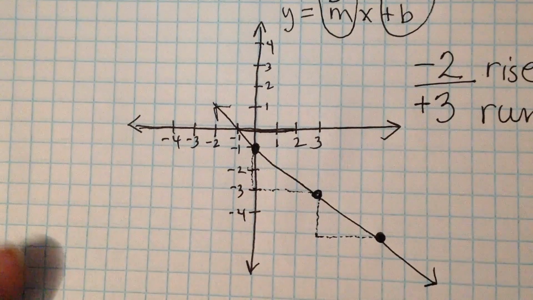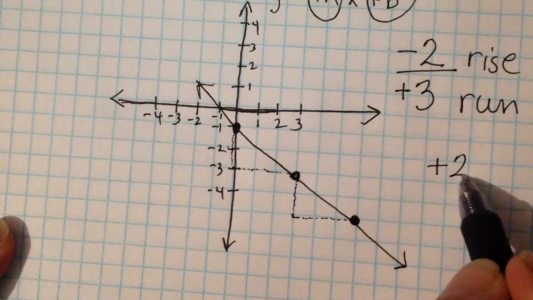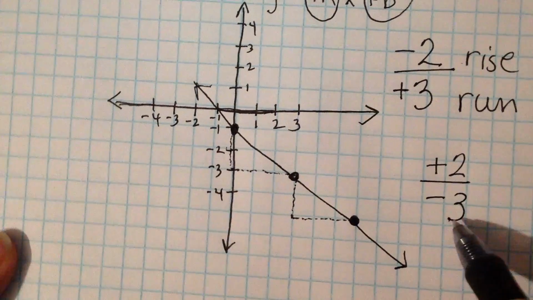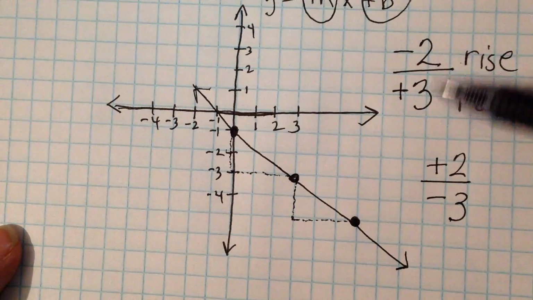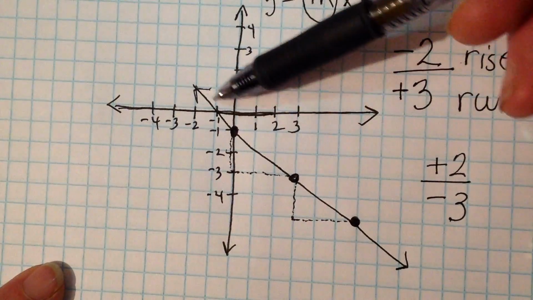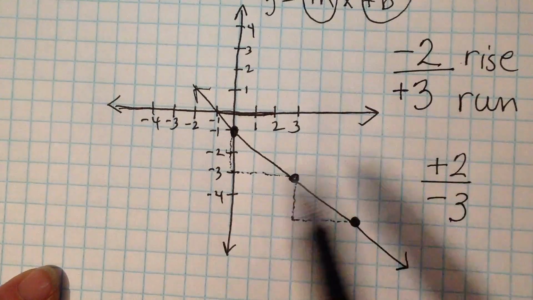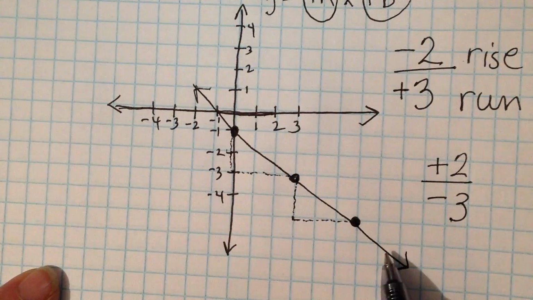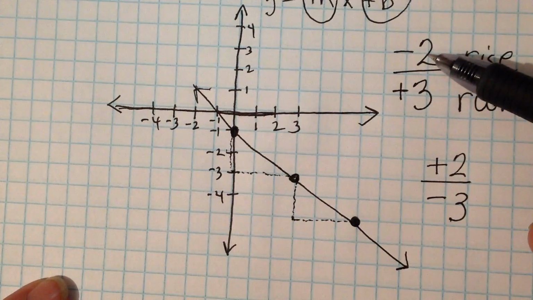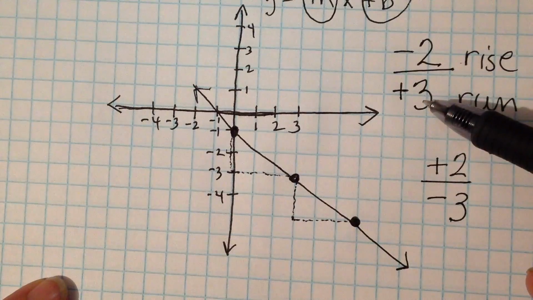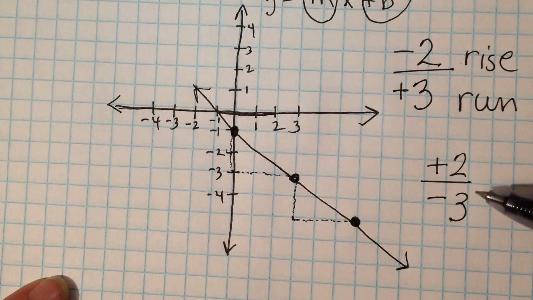Now, I also want to talk to you about if I had the slope positive 2 over negative 3. This is the same thing. You can change each one of these to their opposite and find the upper part of the line. If this slope, negative 2/3, gave you the bottom part of the line, you can change negative 2 to positive 2, change positive 3 to negative 3, and you still have the same fraction, negative 2/3.